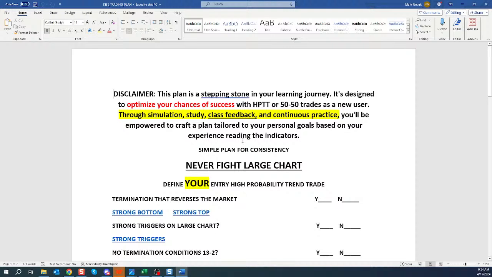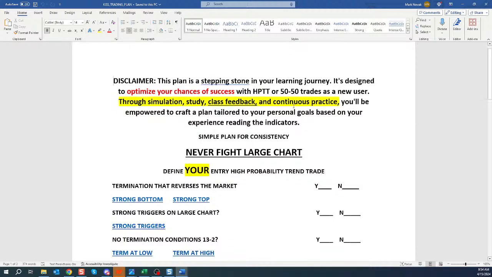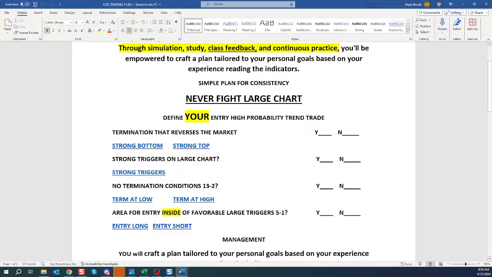What does that mean? That means that this is the 100% best of the best way to take a high probability trend trade. And this is the best of the best, 100% proven through countless hours of study on my end and an awful lot of losers on my end, to take that 50-50 trade where it has the potential to break. Guys, if you keep it simple initially, you're going to become a chart reader.